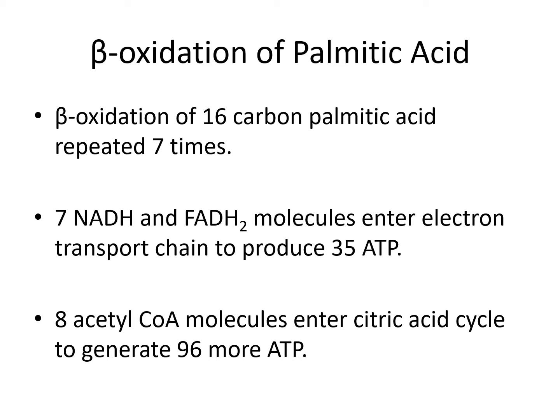Remember that 3 ATPs are produced by NADH and 2 ATPs are produced for each FADH2. So 7 times 3 is 21. 7 times 2 is 14. 14 plus 21 equals 35 ATP. So that's how we can account for these electron carriers and the formation of ATP in the electron transport chain.